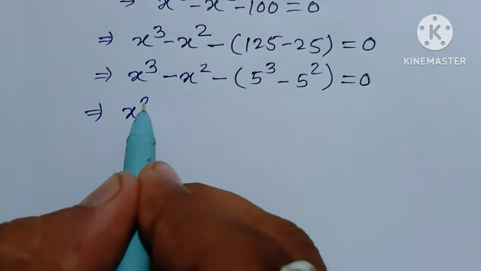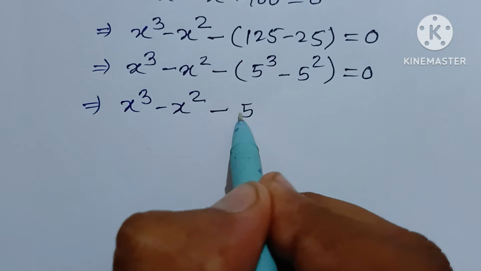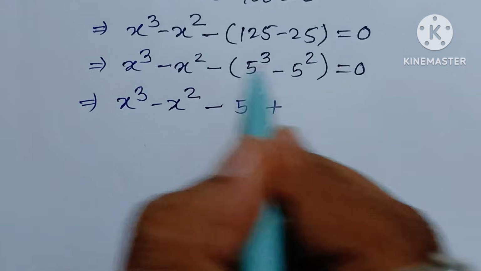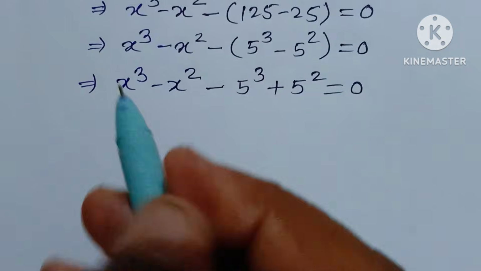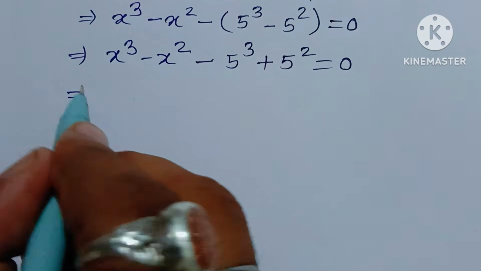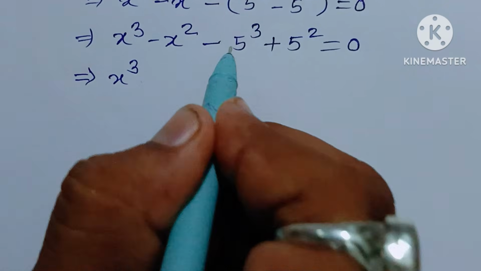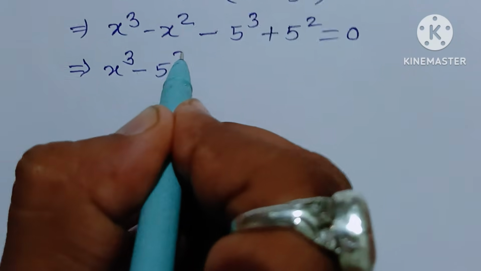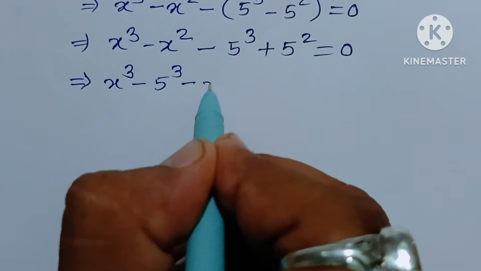Now x cube minus x square minus 5 cube, minus into minus plus 5 square equal to 0. Now we write here x cube minus 5 cube minus x square.